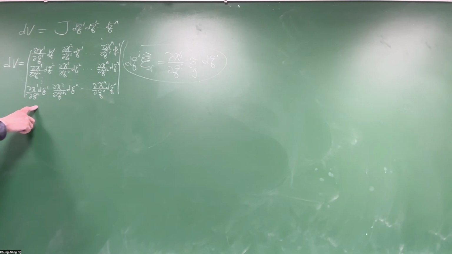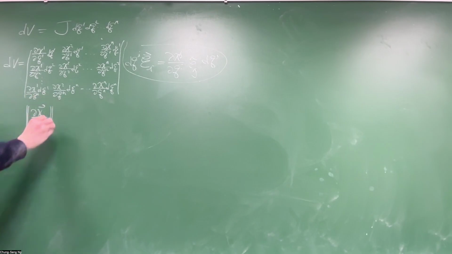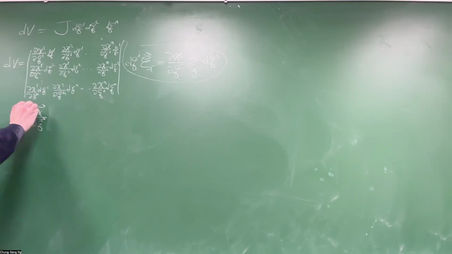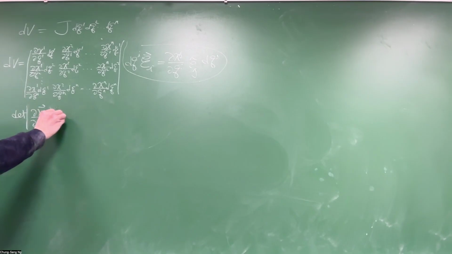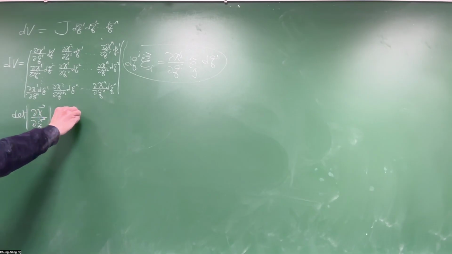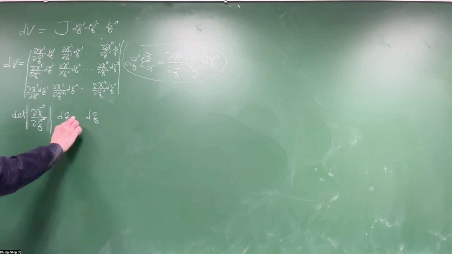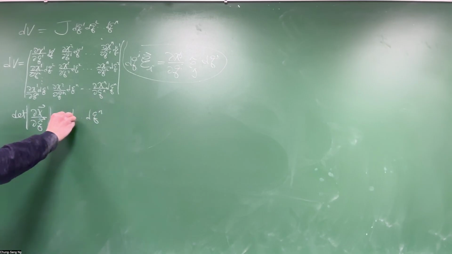This is just the transformation matrix, and you calculate the determinant, multiplied by dq1 through dqn. And that is what we call the J.